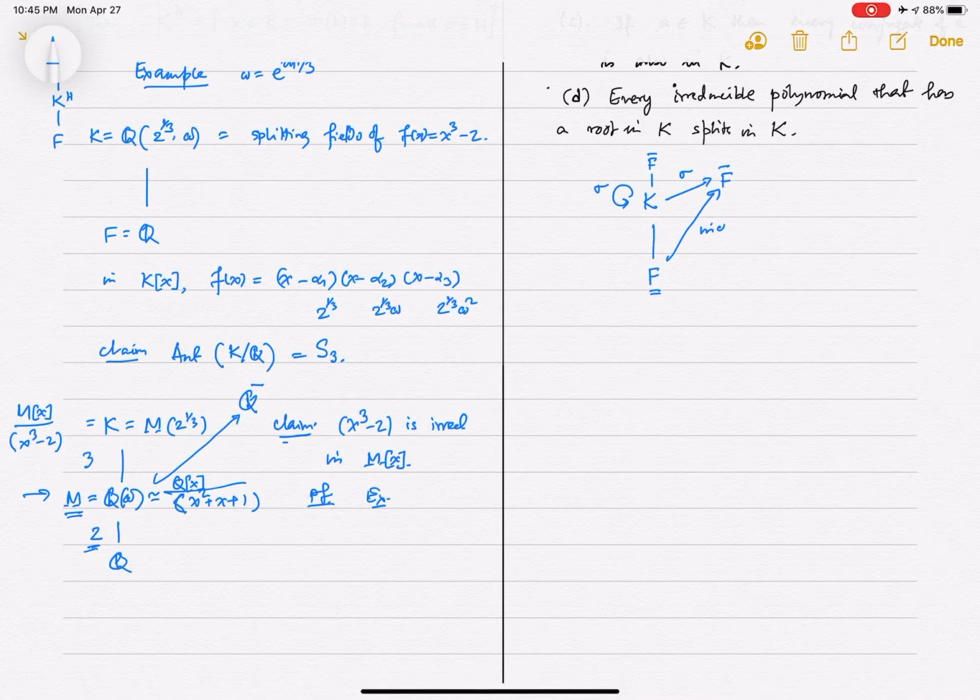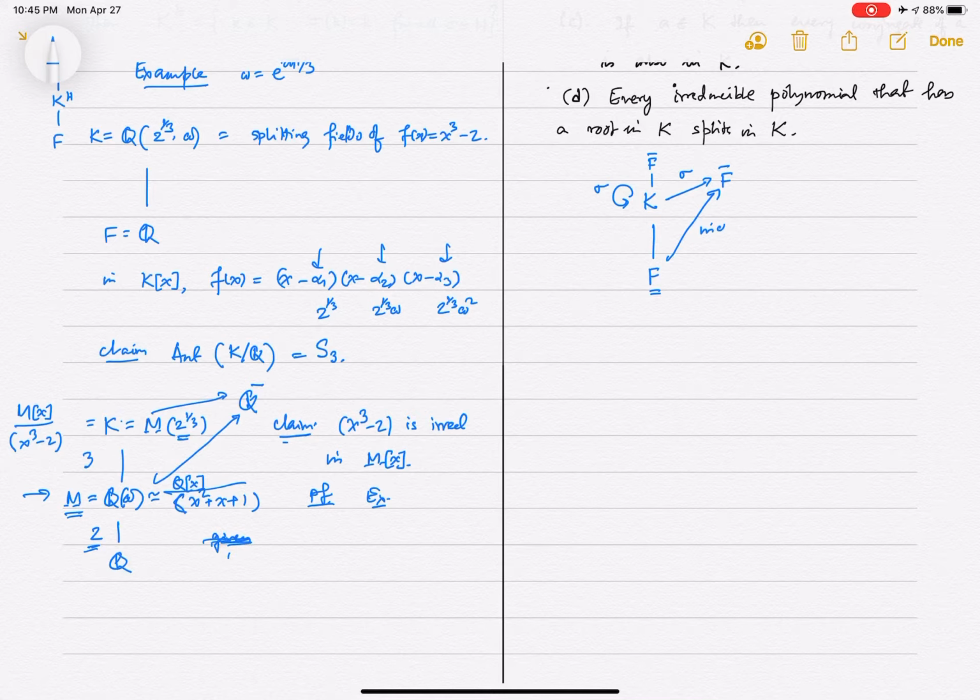and I can get an embedding of k in Q bar by sending one of these roots to any other root of this irreducible polynomial. So given alpha 1, alpha 2, and alpha 3, I can send 2 to the 1/3 to any of those and get an embedding of k in Q bar.